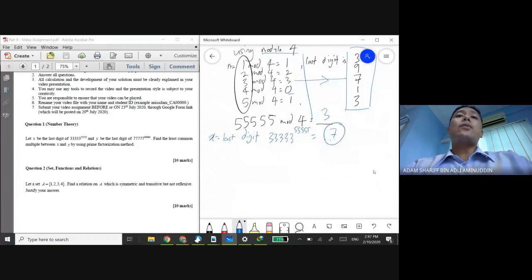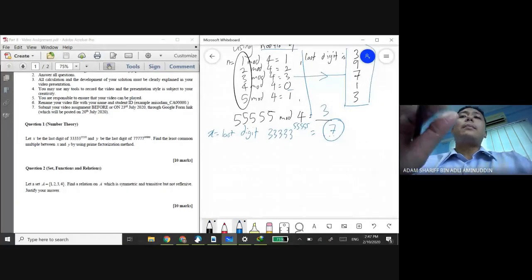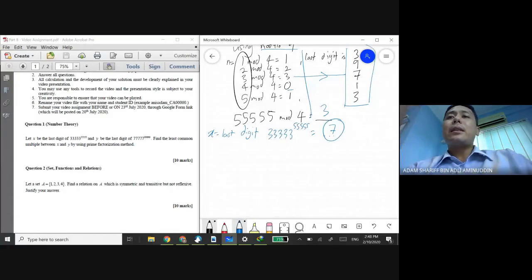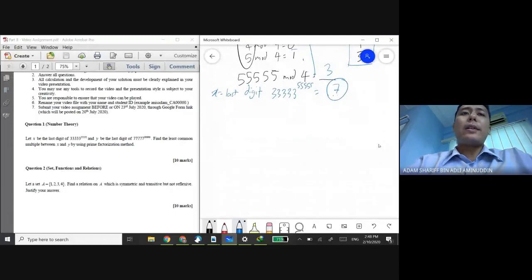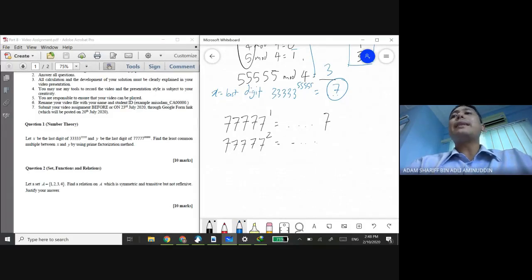The same idea goes for 7777, but I will just show you the steps again. At this point, some of you might already know it. We start with the power of 1, the last digit will be 7. To the power of 2, the last digit will be 7 times 7, at the back is 9.